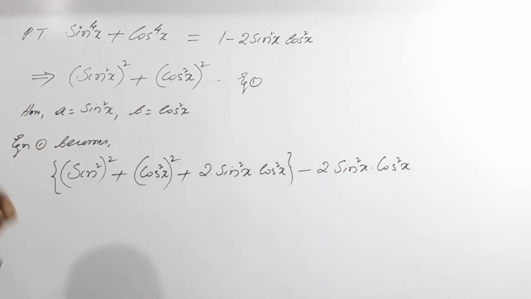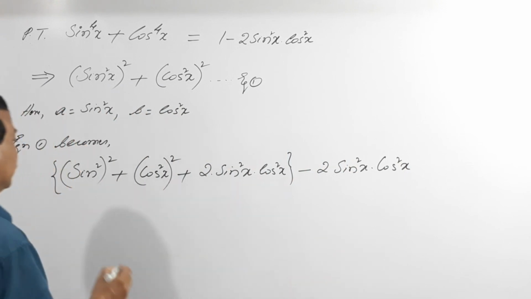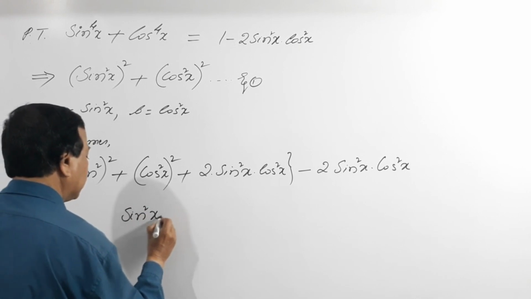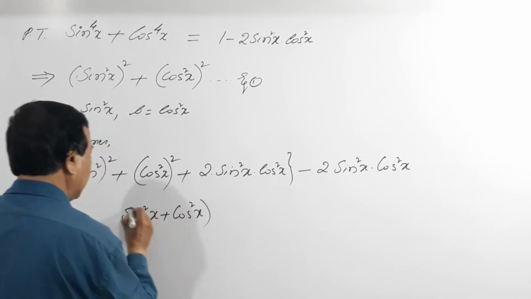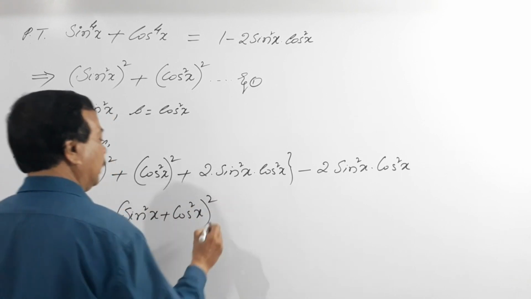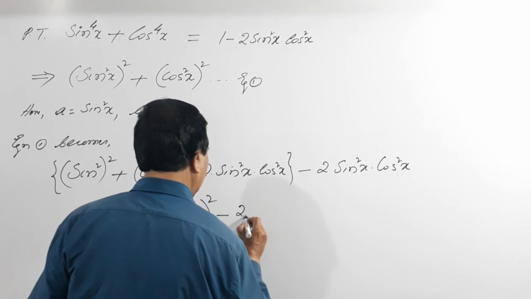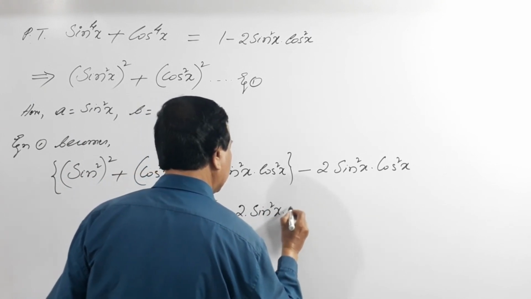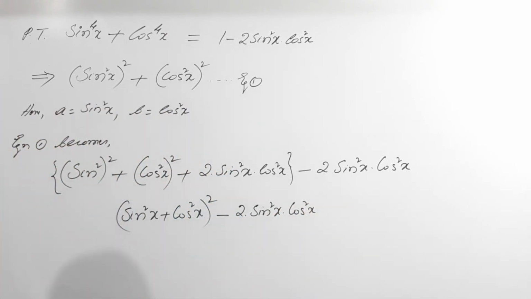Correct? So what is this? A square plus b square plus 2ab. So this is nothing but sin square x plus cos square x the whole square minus 2 into sin square x into cos square x.